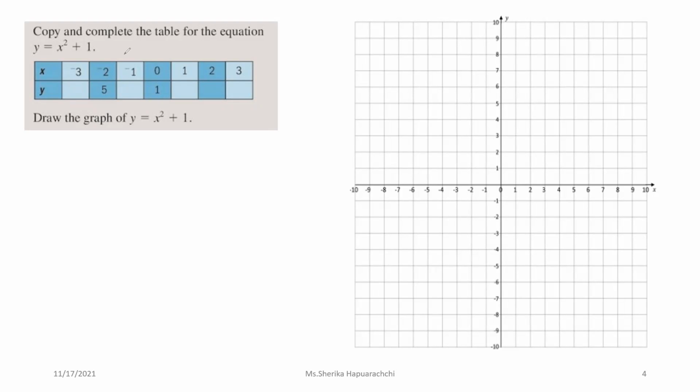Right now, I'm going to take my values. Now I have to take x squared. So negative 3 into negative 3, it will become positive.